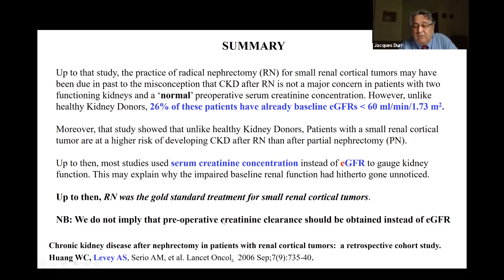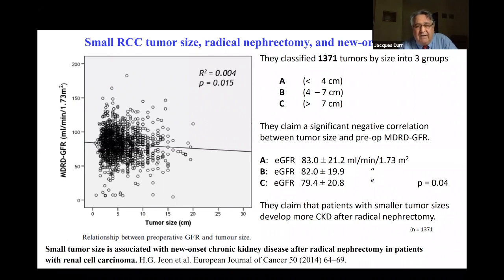If you want to do a good clearance, you have really to make sure the patient gets a total collection. So I'm not advocating to do actual GFR, but at least aim for partial nephrectomy instead of total radical nephrectomy.